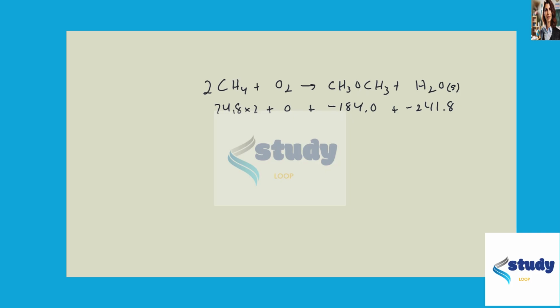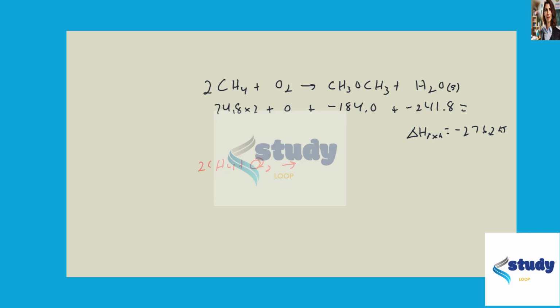So when we combine this all up together, we get a delta H for the reaction equal to a negative 276.2. Whoops, that's not a 2. 0.2 kilojoules.